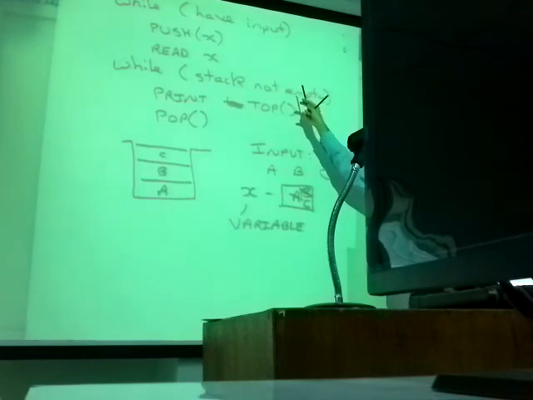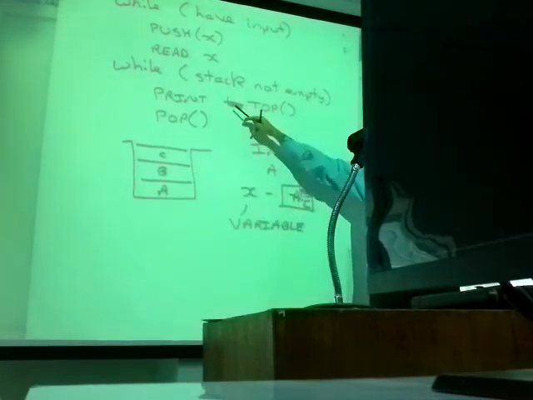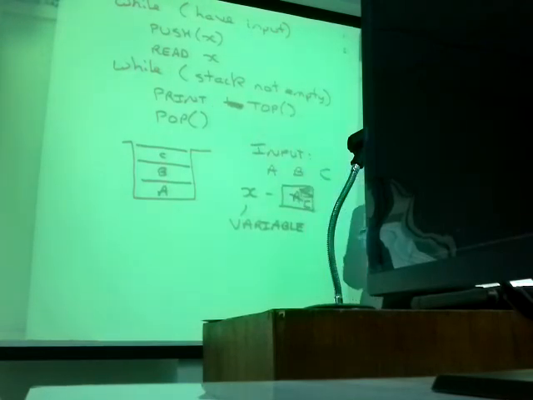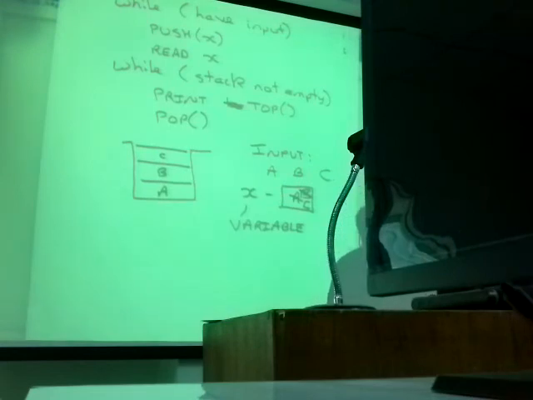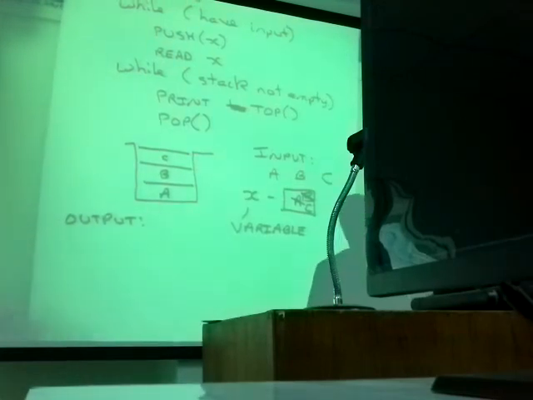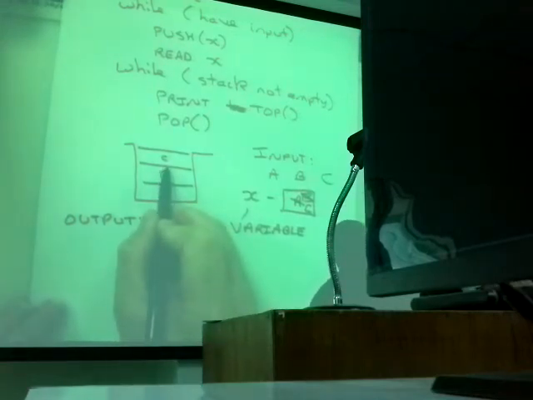Yes or no? The stack is not empty yet. The stack has got three values. So print the value at the top. So what value gets displayed first? This is now the output. So what value gets printed first? C. C, correct. Because that's the value at the top of the stack.